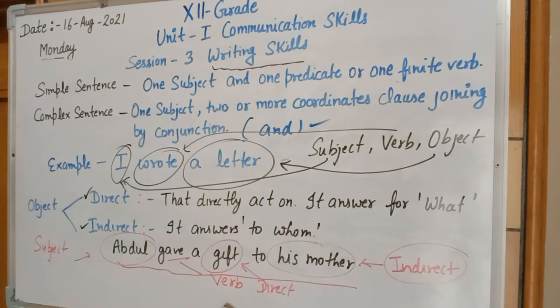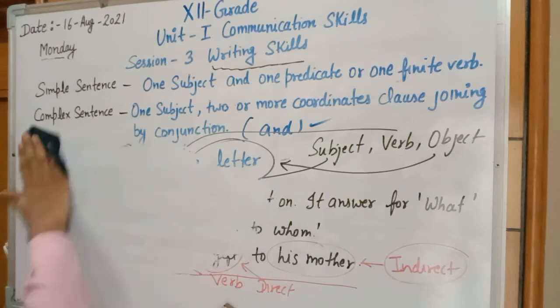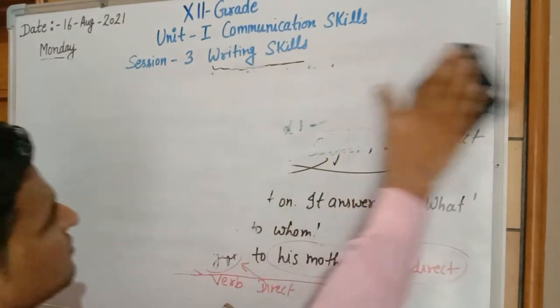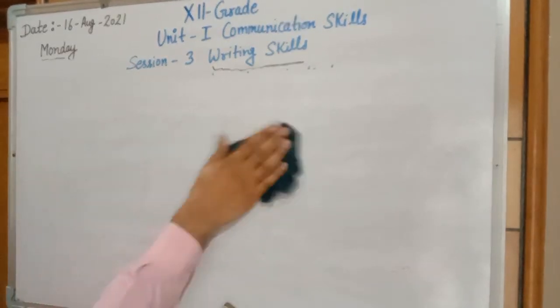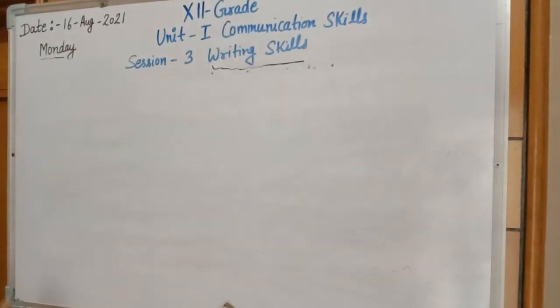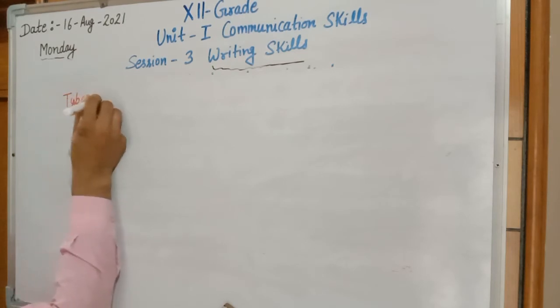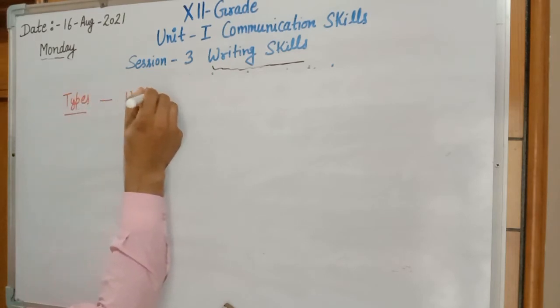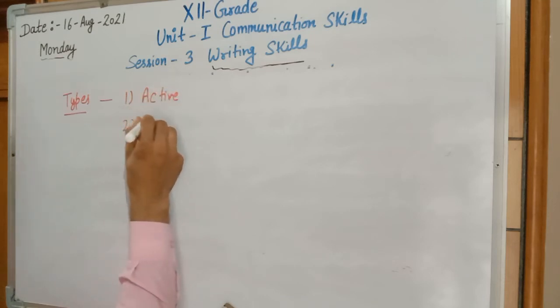Now next topic is types of sentence. Sentences can be categorized in two categories according to voice. One is active voice, second is passive voice.